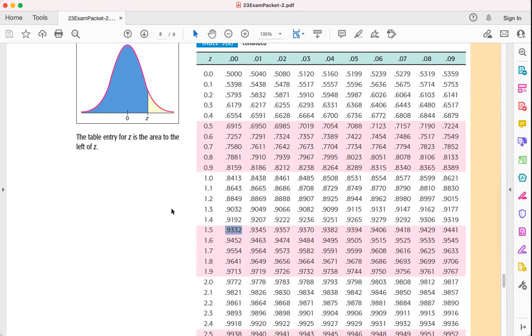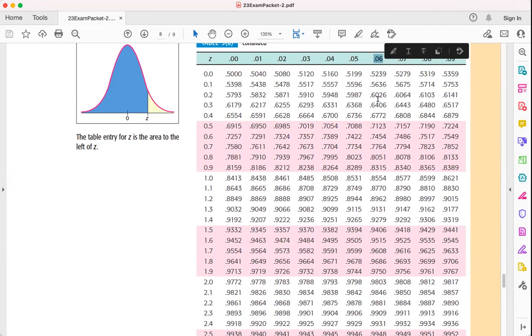For example, if I had 1.56, the nearest tenth would be 1.5, so it's going to be this row here, and then the nearest hundredth would be the 0.06.